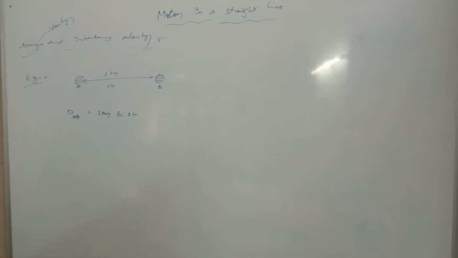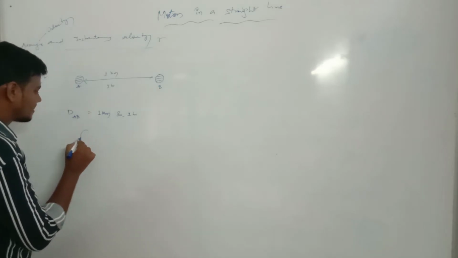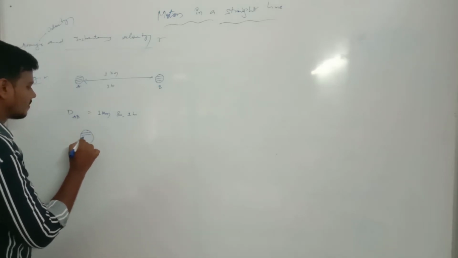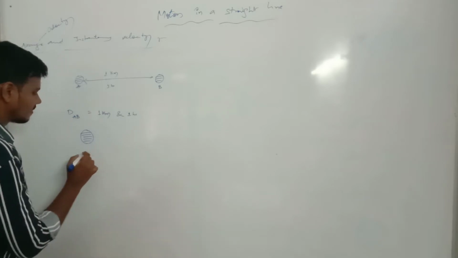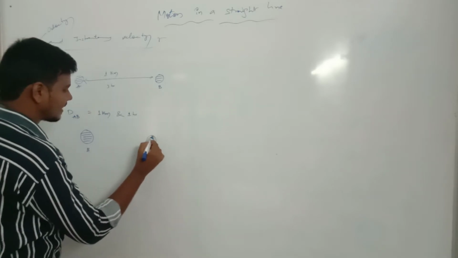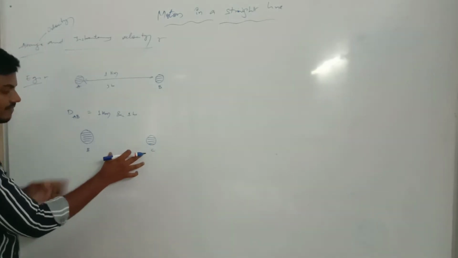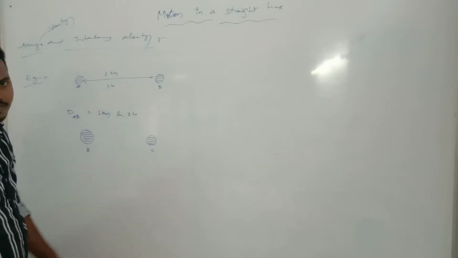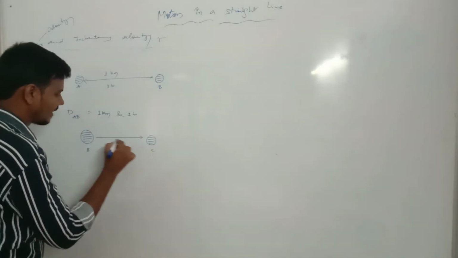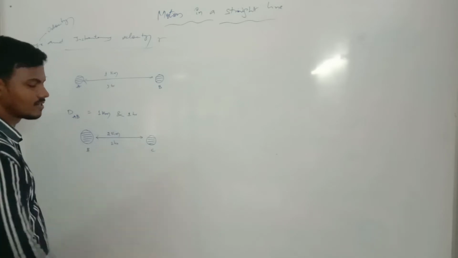Again we choose the next position, B, and then C. The displacement from initial position to final position is 2 kilometers and 2 hours of time.